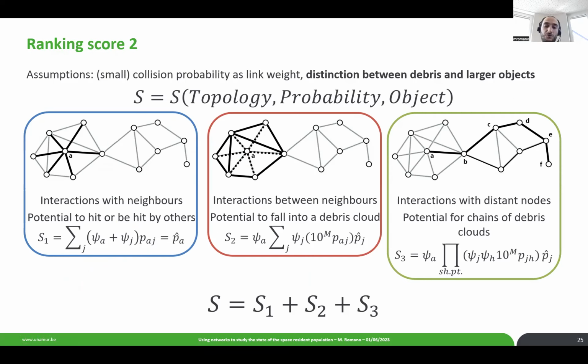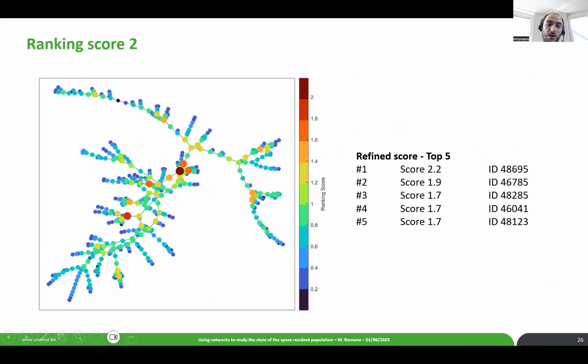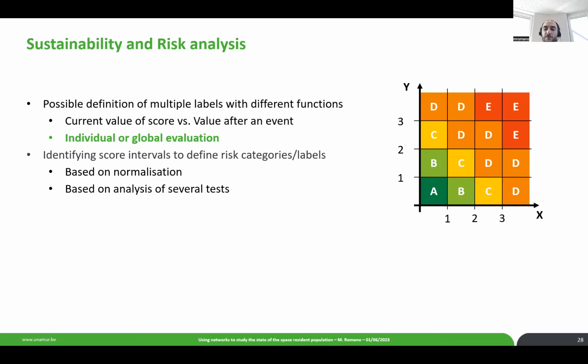Okay. And now I wanted to show you actually what we do with this score. We can identify objects that have a high risk of collision, but we can actually go even further. So as an application, we can check, for example, the relative values of the scores of different objects. We can evaluate the evolution of this score in time, or for example, following a fragmentation, following the addition of a new object in the network.